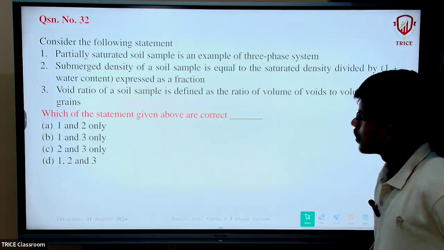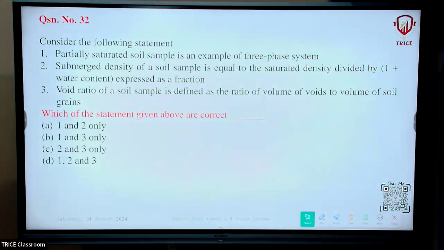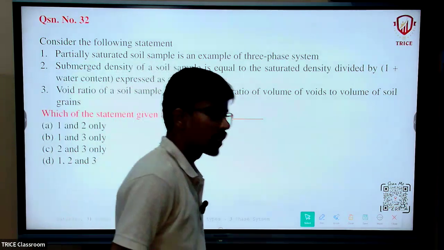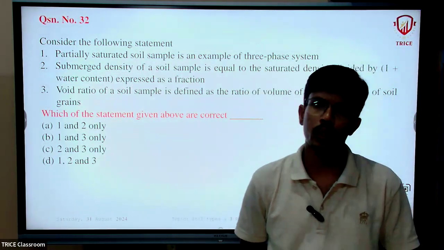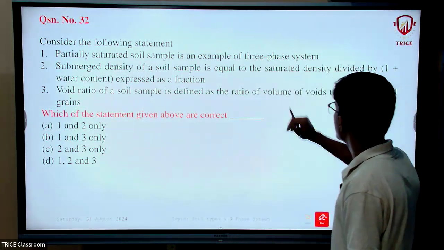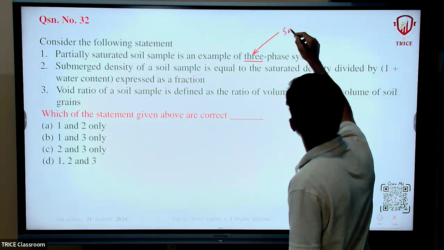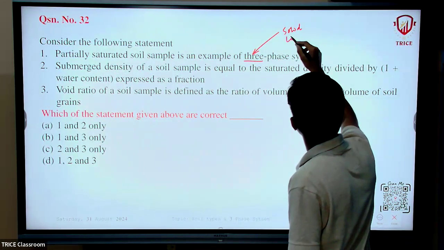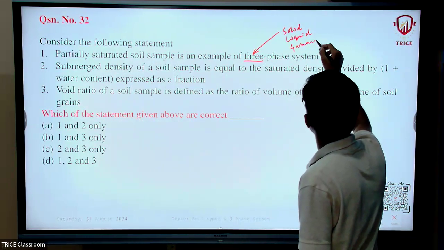Next, observe the following statement: a partially saturated soil is an example of a three-phase system. As we know, partially saturated means some of the voids are filled with air as well as water. That gives a three-phase system: the solid phase, the liquid phase, and the gaseous phase.